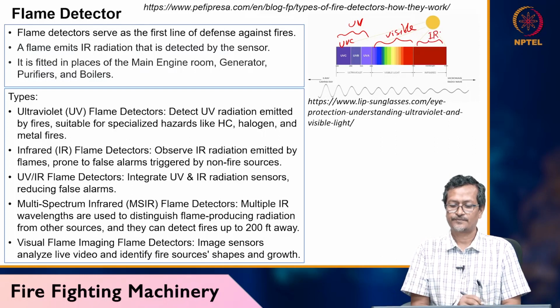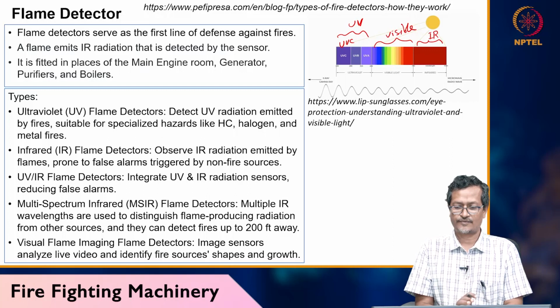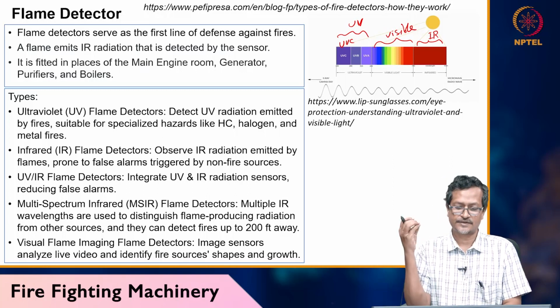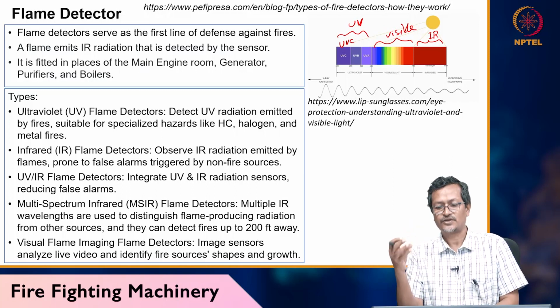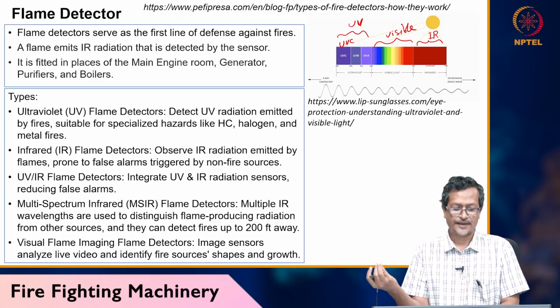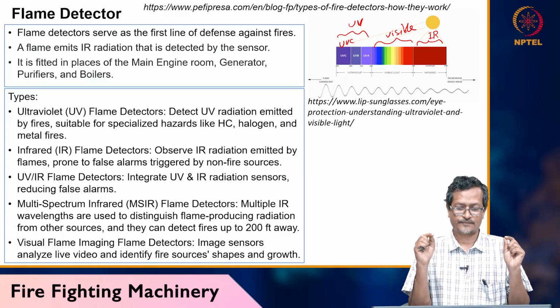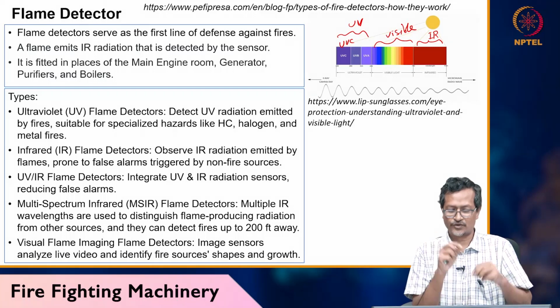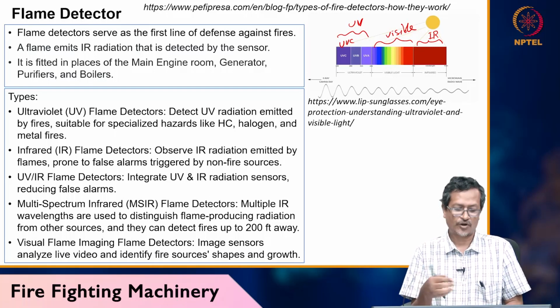So, the scientists developed the sensor using a UV sensor and an infrared sensor. The flame is giving UV as well as IR, so one sensor can have only a UV detector or an IR detector or both.